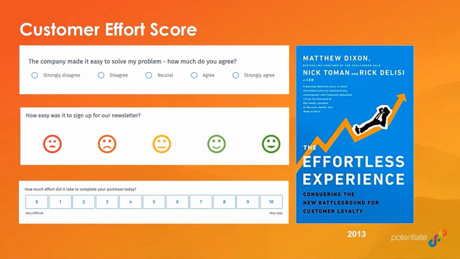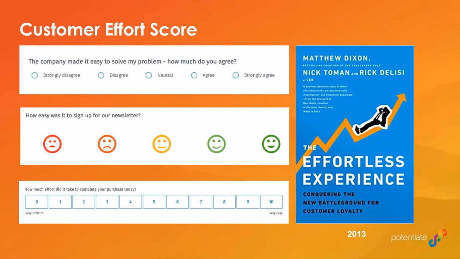So I'm hesitant to say this started in 2013 because some people were measuring it much earlier, but it became much more talked about from about 2010, 2013, 2015. Focusing instead on the effort that it took to make that purchase, to use the online service, to sign up for a newsletter.